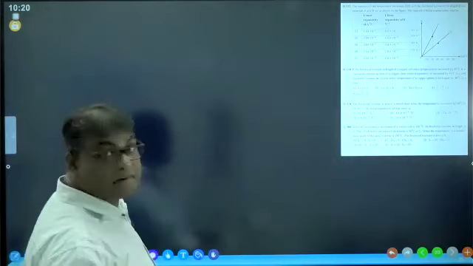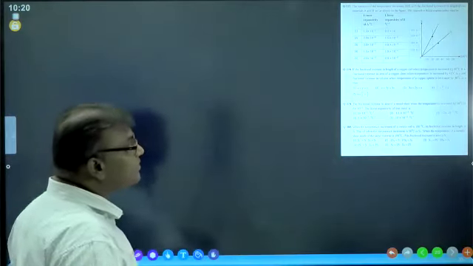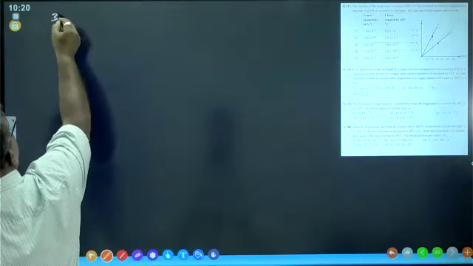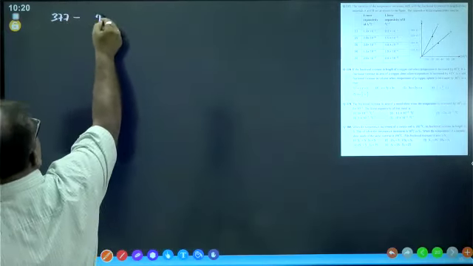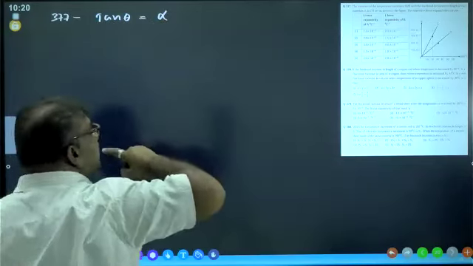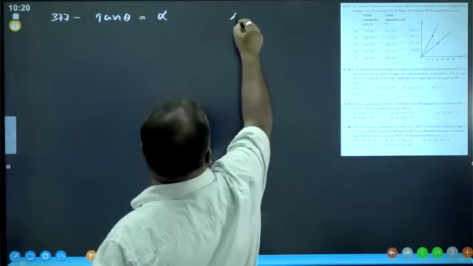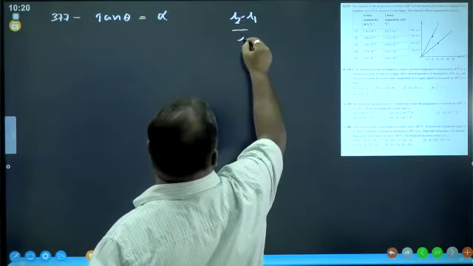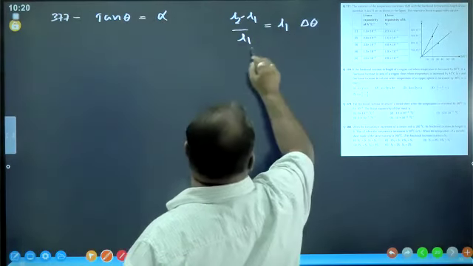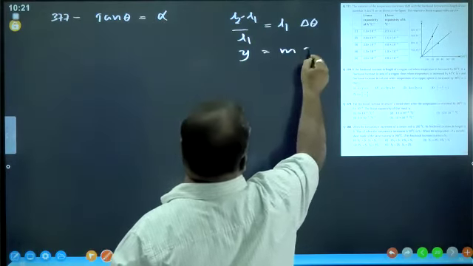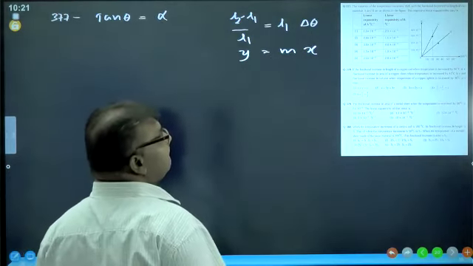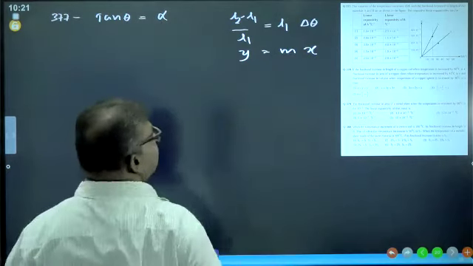Here x is the fractional change and the temperature difference is theta. Then the gradient of the corresponding graph, 377. Tan theta, the gradient, is the linear expansivity, right? L2 minus L1 over L1 equals alpha delta theta, such as y equals mx, right? Yes. Then the gradient should be the linear expansivity.